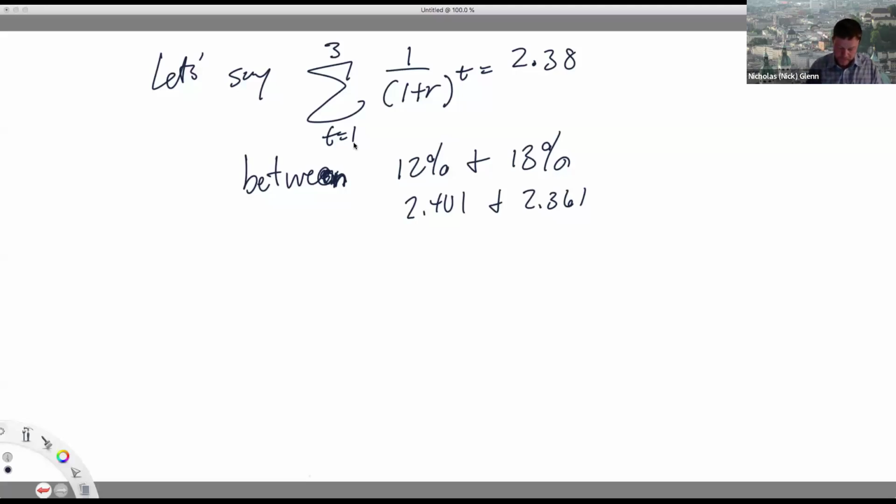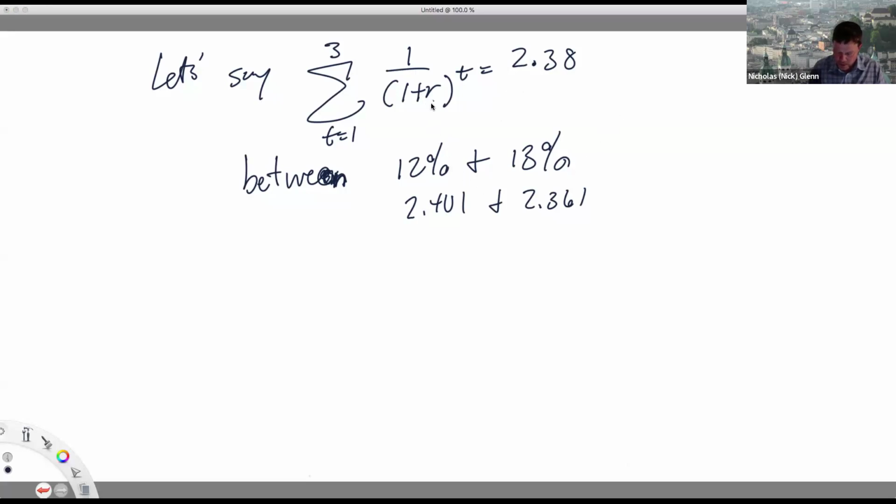Okay. So like I said, we had this annuity. It pays out 1 year from now, 2 years, 3 years from now. If we add this up, what sort of discount, when we discount these future values, put it in present value terms, would total out to be 2.38?